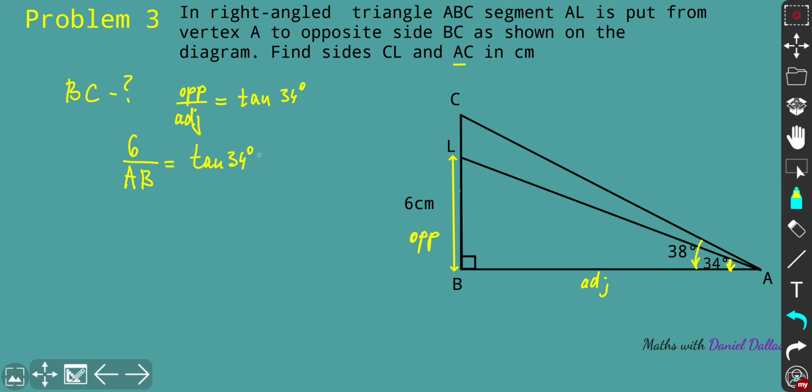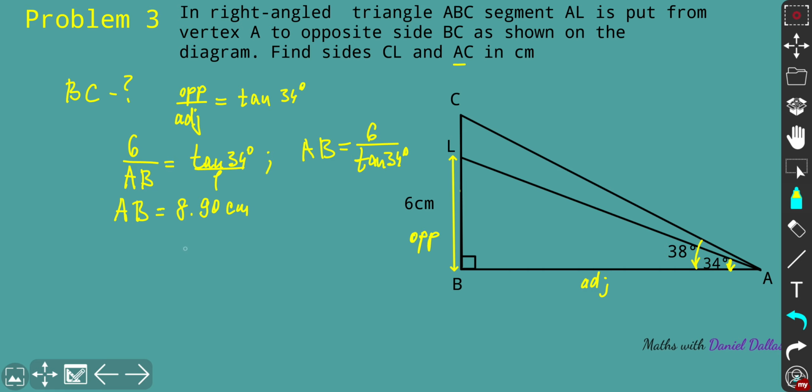I'm not going to calculate because I'll do it in one go in a final step. So we express AB from there. It's simply the crisscross ratio, right? And AB from there is 6 over tan 34 degrees. If you calculate that and round to 2 decimal places, you'll get around 8.90 centimeters.